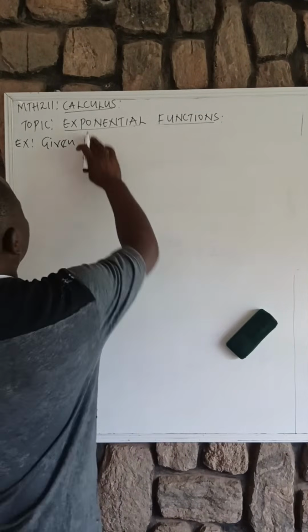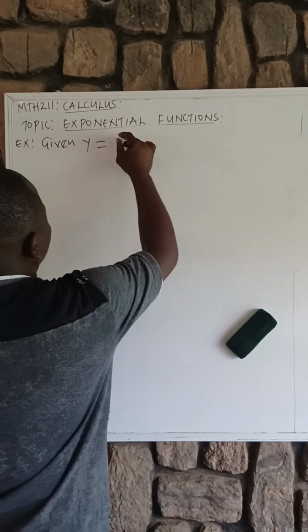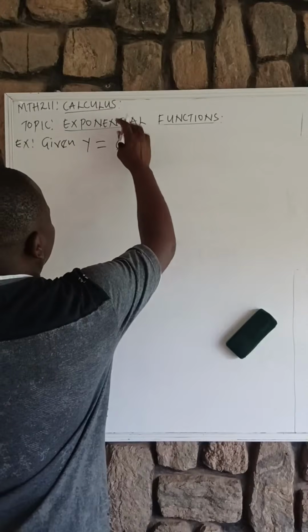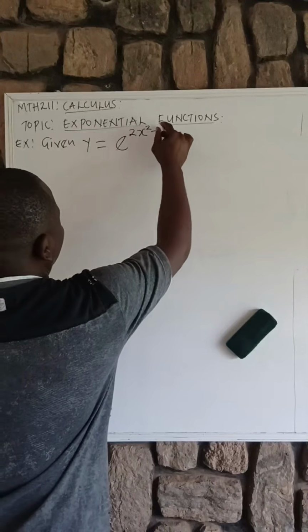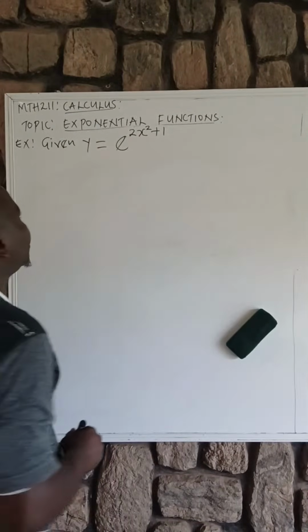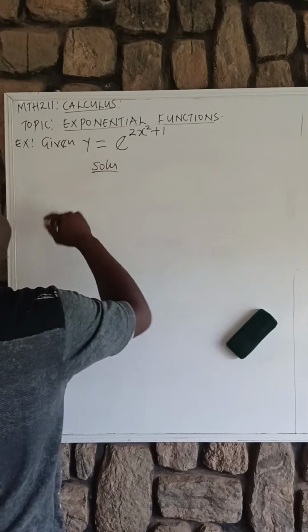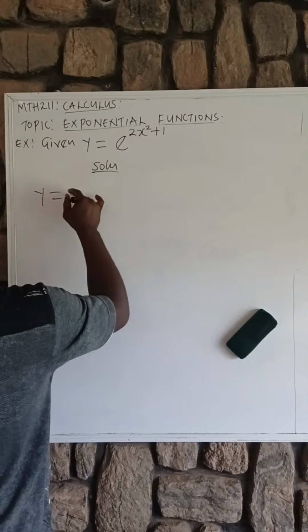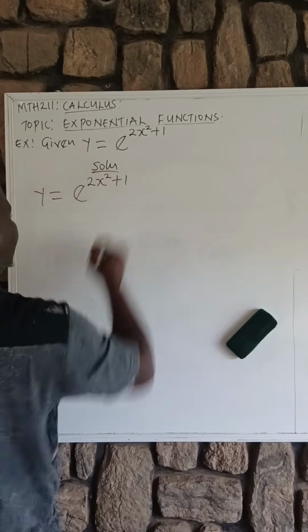So now, given y equals exponential 2x squared plus 1. So what we need to do is write the solution: y is equal to exponential 2x squared plus 1.